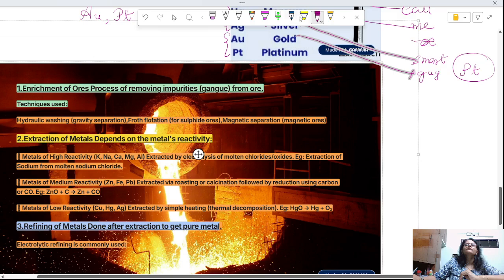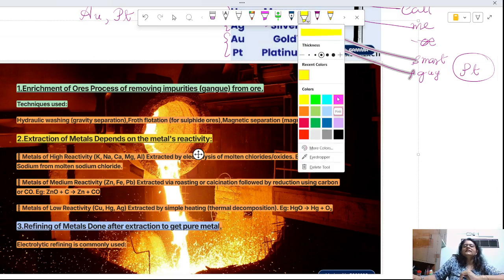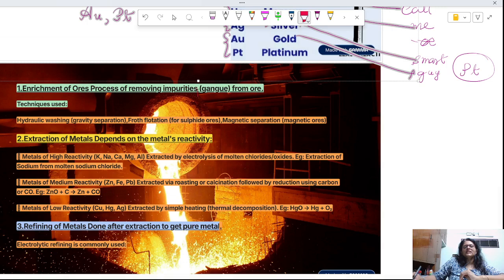That depends upon gravity. That means if you take an ore and it also contains something which is lighter than the ore, we use this hydraulic washing method where gravity separation is involved.